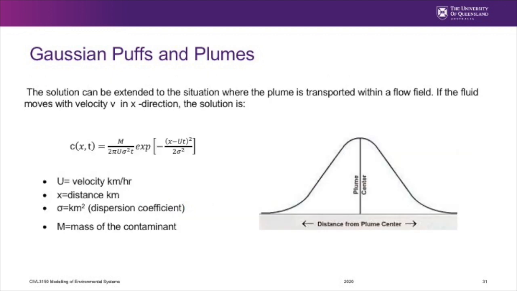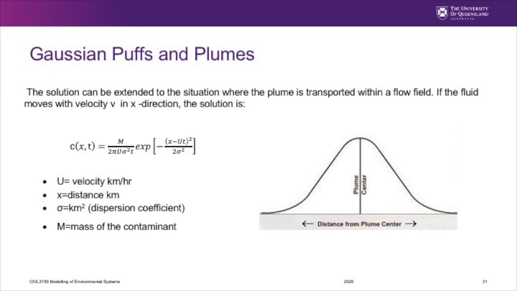This distribution comes from the transport equation, and in this case we are just considering diffusion, the diffusion term in transport, right? The initial condition for this solution is a peak with infinite concentration at x equals 0.